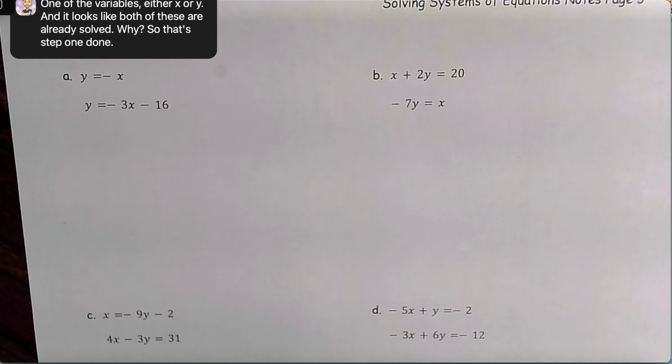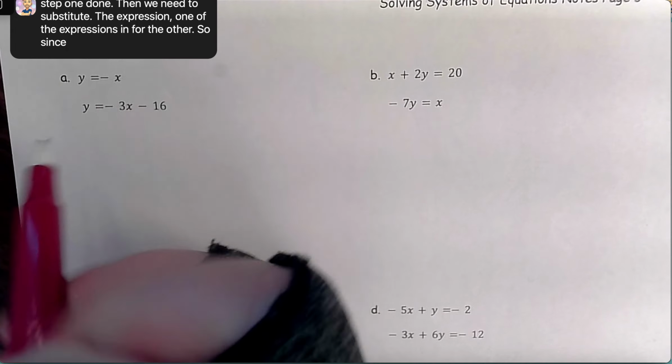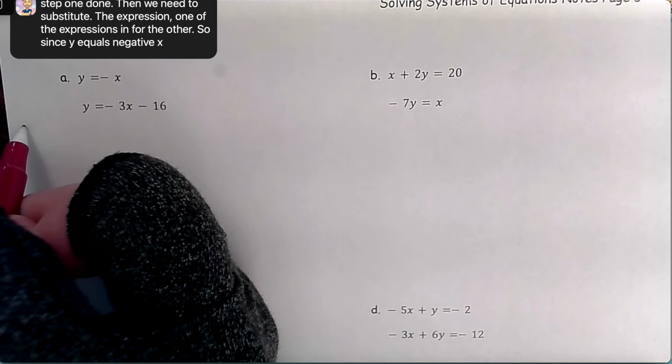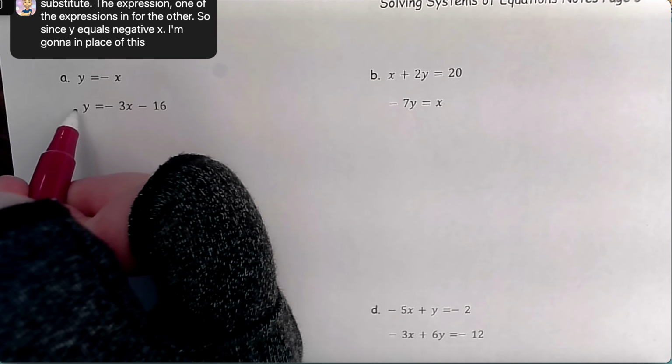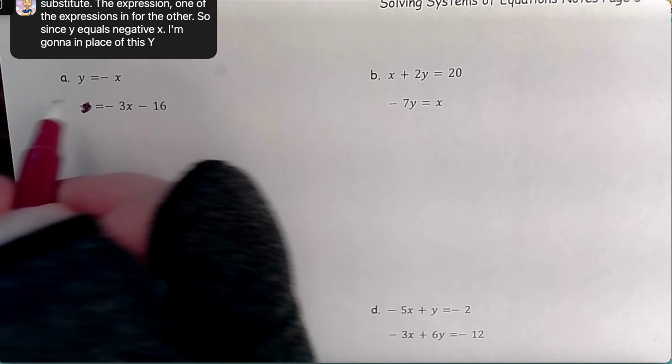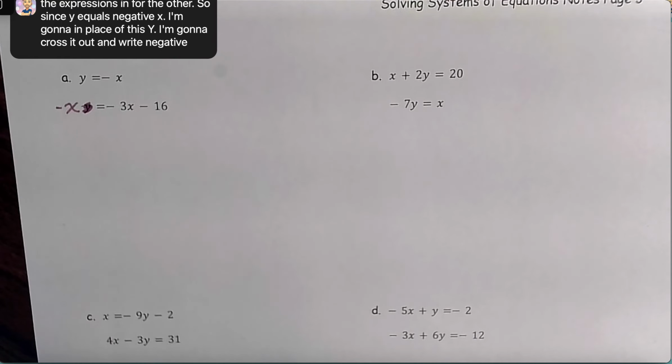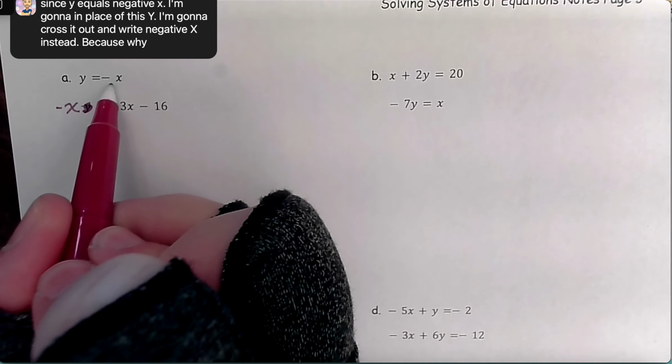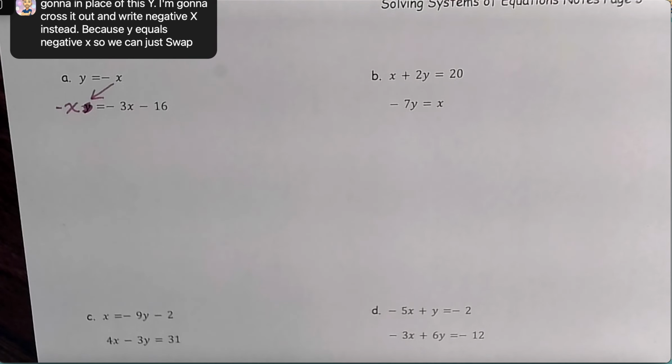Then we need to substitute one of the expressions in for the other. So since y equals -x, in place of this y, I'm going to cross it out and write -x instead. Because y equals -x, so we can just plop that right into it.